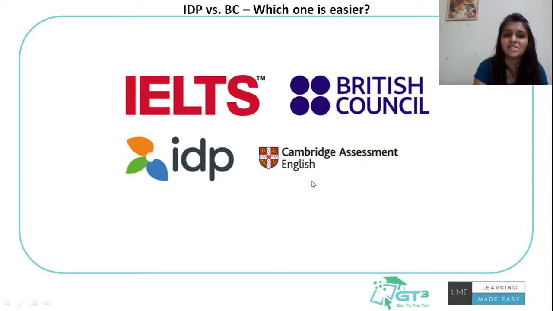It is all set by Cambridge University. The papers are one and the same for IDP and the British Council. Listening and reading are always checked by the computer, whereas writing and speaking are always checked by the examiners, and the pattern, band descriptions and checking criteria are one and the same for both bodies. So there is no difference, you can opt for any one.